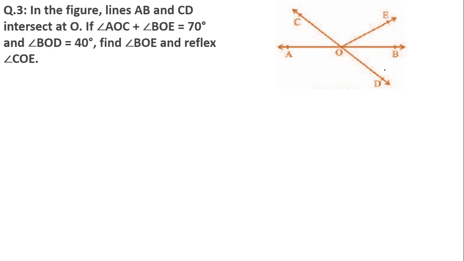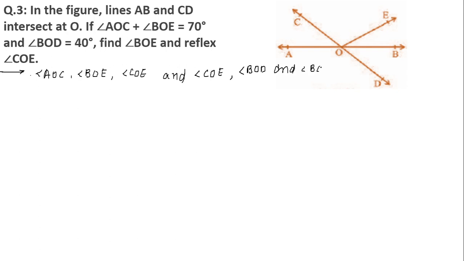Okay, so from the given figure we can clearly see over here, I'll write angle AOC, angle BOE. Please look at the angles which I am mentioning over here, angle COE, angle BOD and BOE.